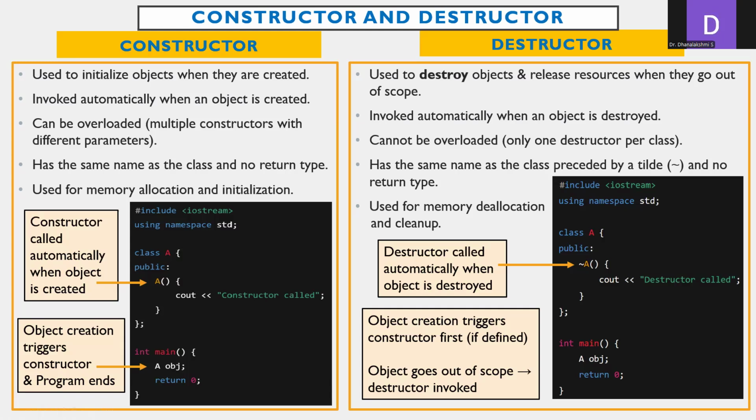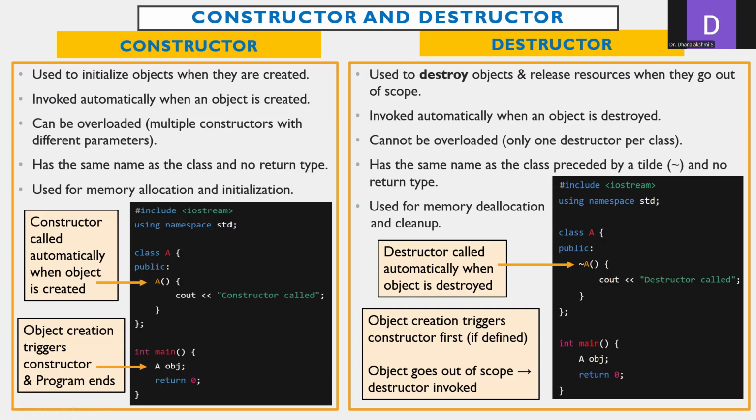C++ will call a special function inside the class to set up the object. This is called a constructor. It's something like a welcome function that prepares everything. It assigns initial values, it allocates memory, and ensures the object starts in a valid state. So the constructor is the starting point of the object's life.